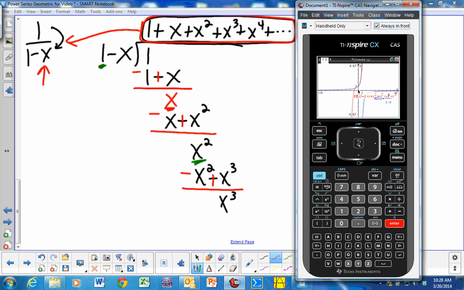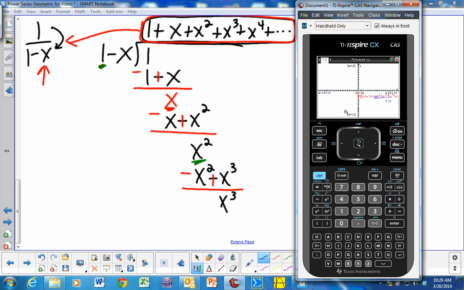Well, you can see pretty clearly that this is very close to the same right in this area. But it is not the same anywhere else.